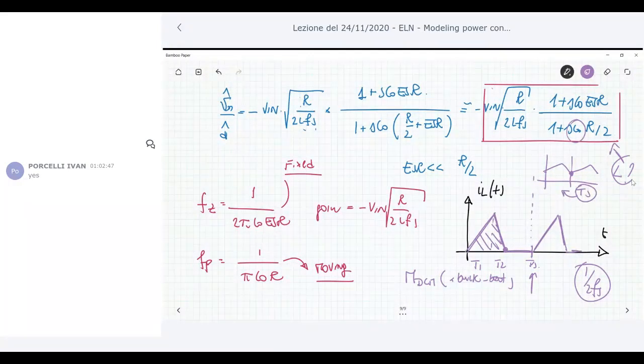Okay, L is disappearing here because the pole is very fast. A possible pole of the inductance occurs for frequencies that are higher than 1/2 fs, in which the model cannot be valid anymore. Okay, and this is due to the fact that the memory characteristic of this reactive element is lost when the cycle terminates, basically. So it's at very high frequency, and this frequency is not modeled by this equation here.